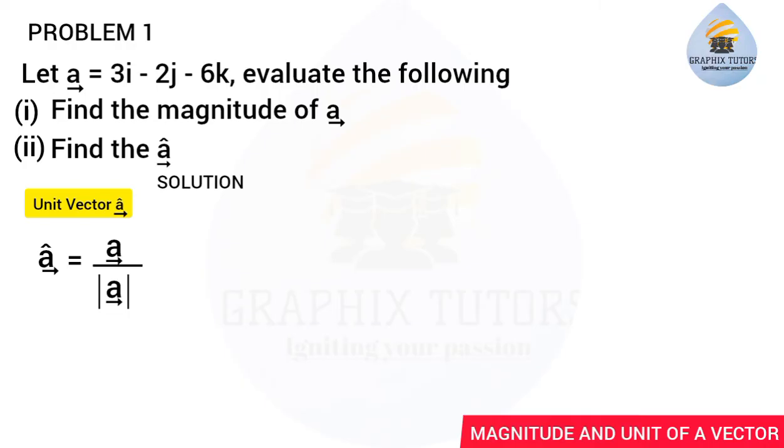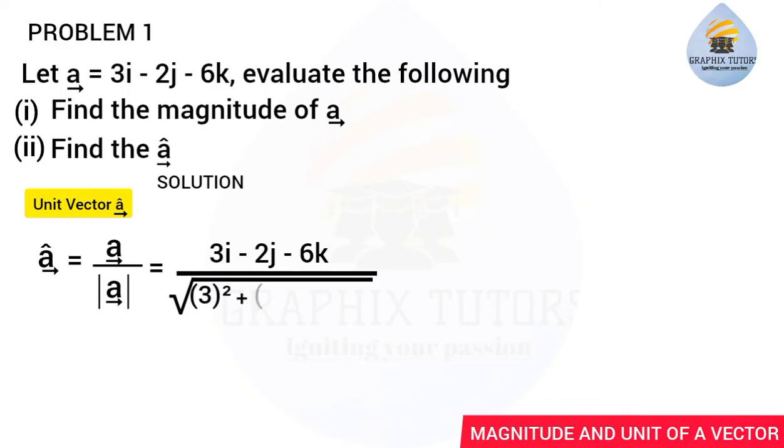We have it to be 3i minus 2j minus 6k all over the magnitude of vector A, which is given as the square root of 3 squared plus minus 2 squared plus minus 6 squared, right? Just like we did above here.